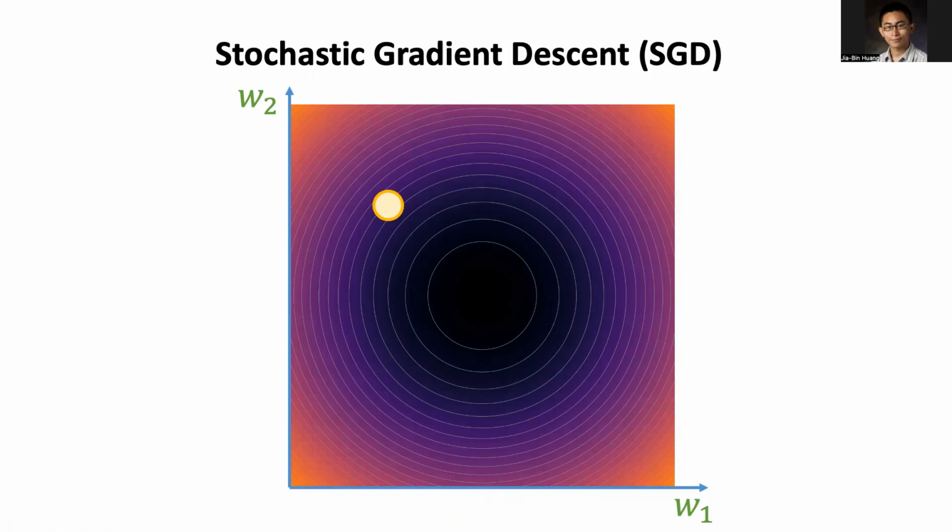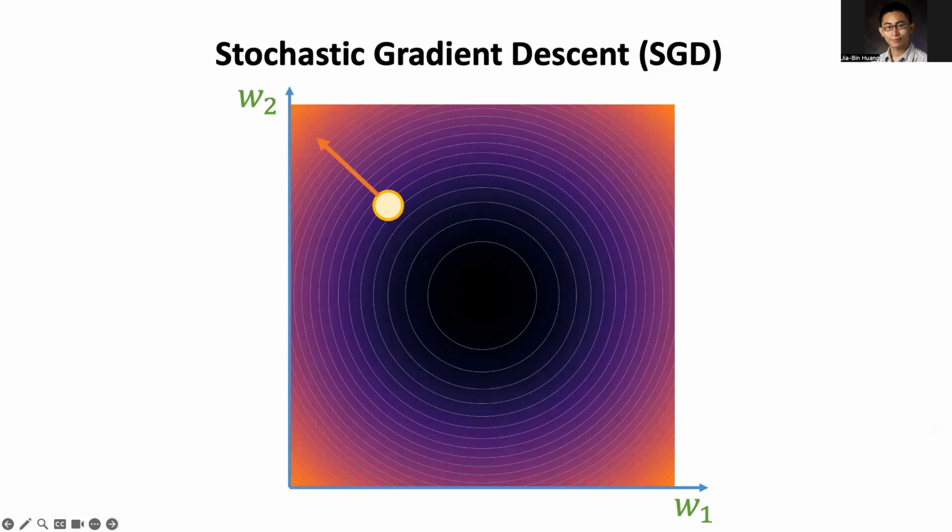Since we don't know where to look, all we can do is look at the neighborhood. For example, in this case, we look at this point, because we have the loss function, we can compute the gradient at this location. This gradient is a 2D vector right now, and it has two components.